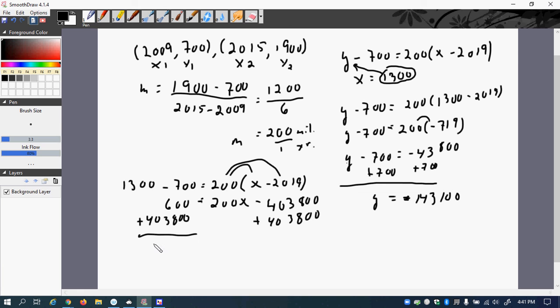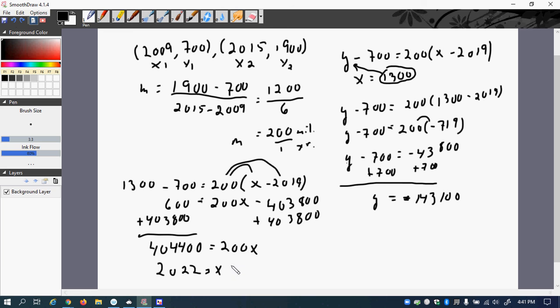That makes me feel a whole lot better because now I've got a positive number. Before I got a negative number, and that didn't quite make sense to me. Then I'm going to divide by 200, and I get 2022.